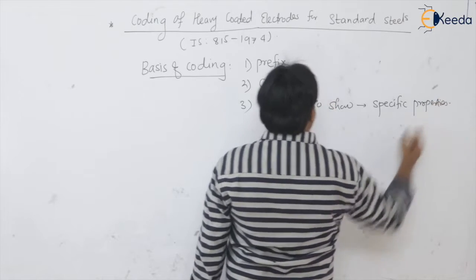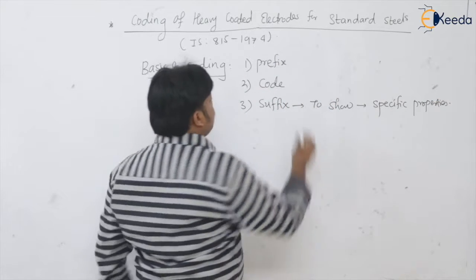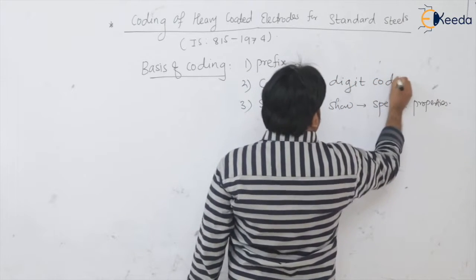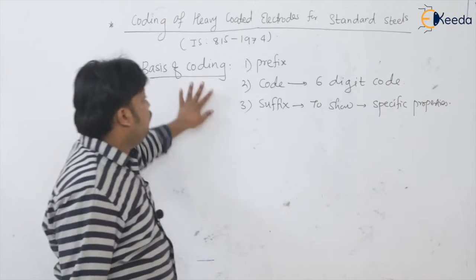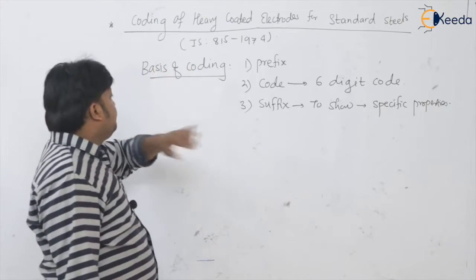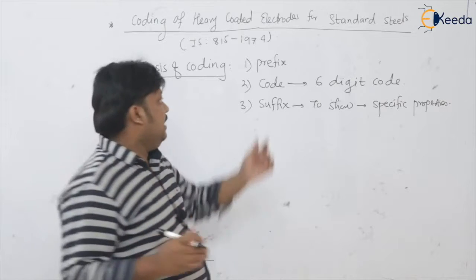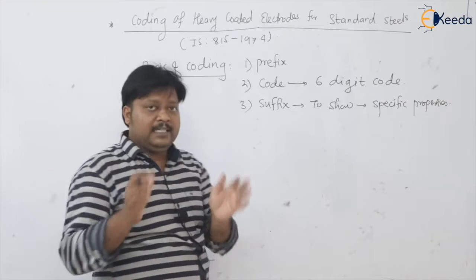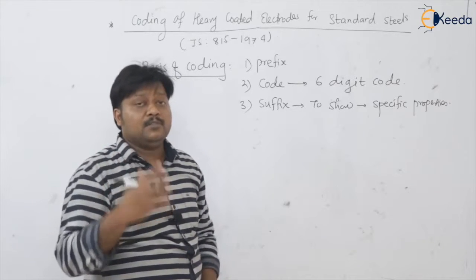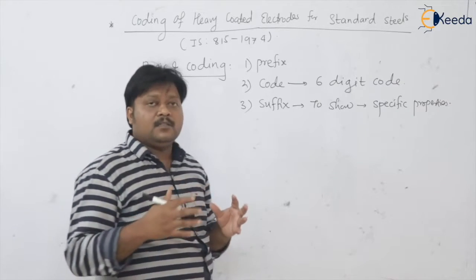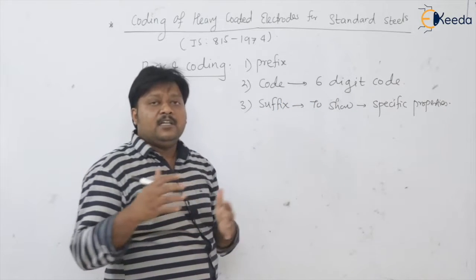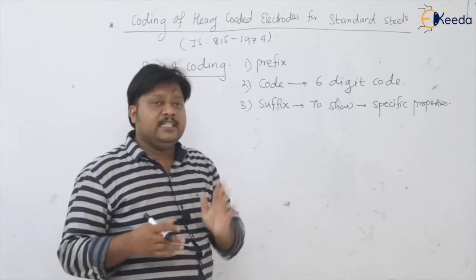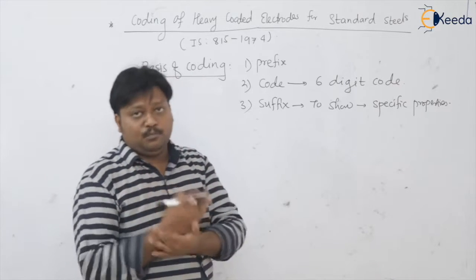Okay, so generally this 6-digit code is very important. So this is the basis for the coding, that is, initially we are having the prefix, then this 6-digit code, which is again divided into two parts. The first 3 digits show the performance or application of the electrode, and the remaining 3 digits show the mechanical properties of the electrode.